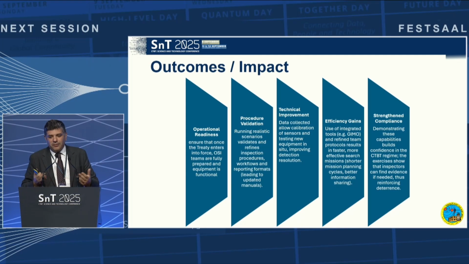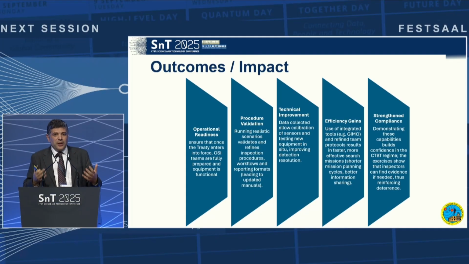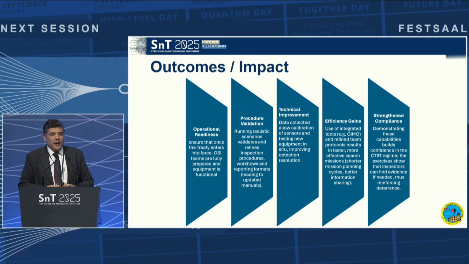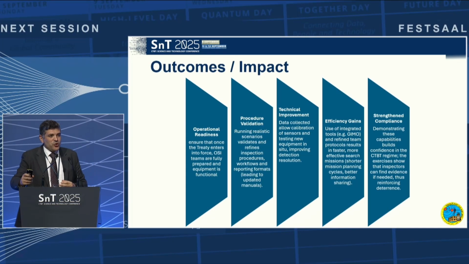Efficiency gain: I cannot find an example better than GEMO, the Geospatial Information Management System, which we are using. It's the core system that we are using not only to visualize our data, but to design our missions, to drive the inspection team functionality.